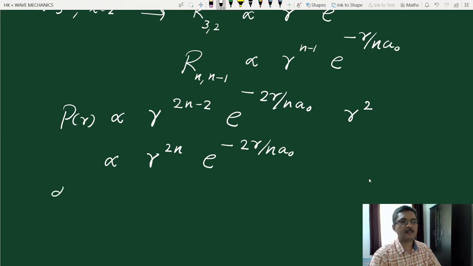Now take the derivative of this radial probability. The derivative is proportional to, the other factors being constant, and we have to use the product rule again.